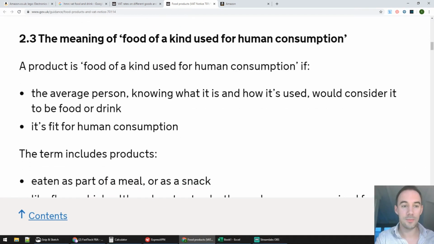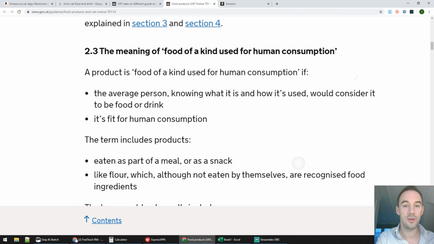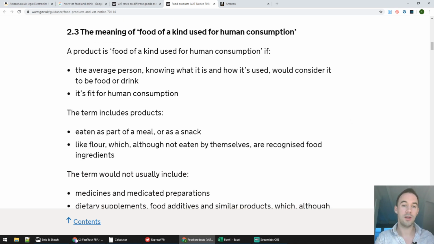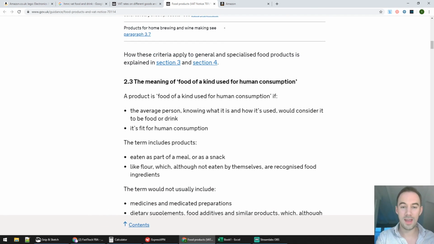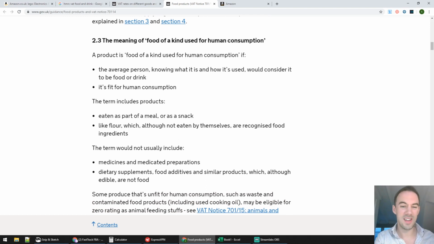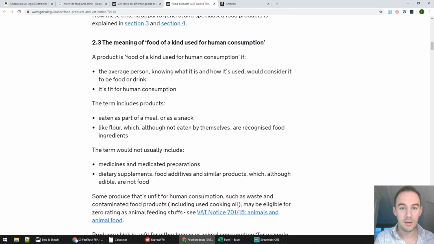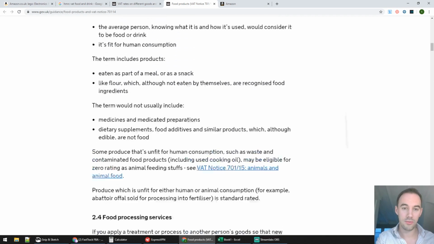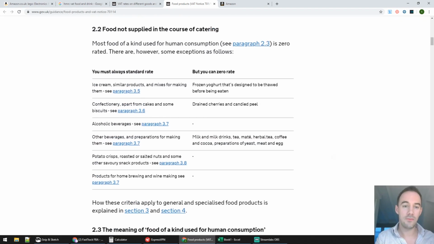Now here, the meaning of food of a kind used for human consumption. If the food is, like the average drink, a product like a snack or a meal, you would usually charge the standard rate. A general thing that I've researched, and again, you have to do your own research, is if it's ready to eat right now, it's going to be standard rate VAT.